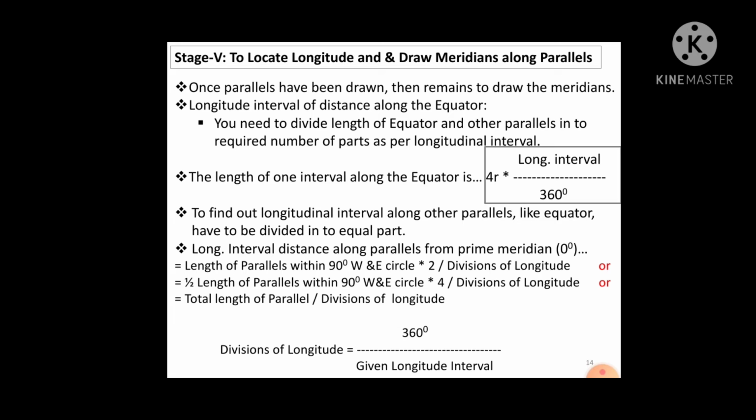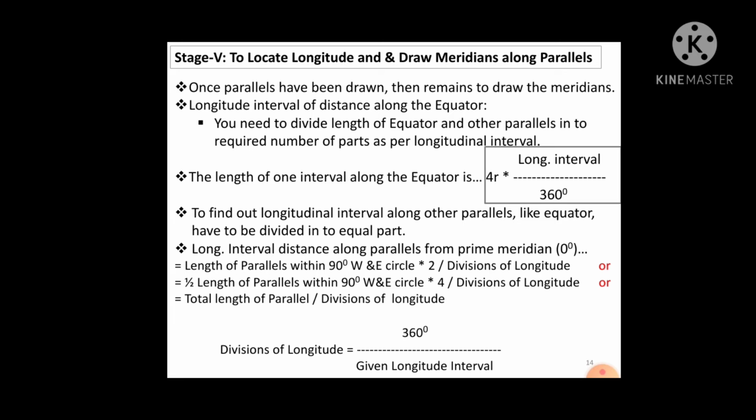If you run this equation, you will get a number. That number is nothing but the interval distance of longitude to divide the equator, to draw the meridians. So this you have to do.